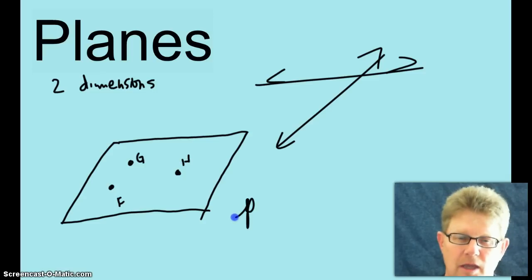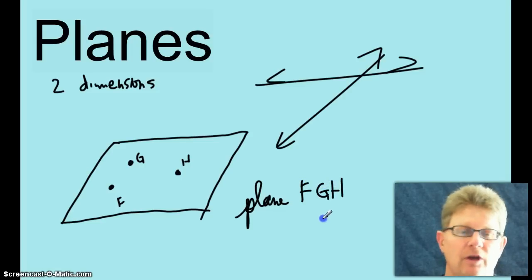And we will say plane F, G, H. And that's how you name a plane, using 3 points on it.